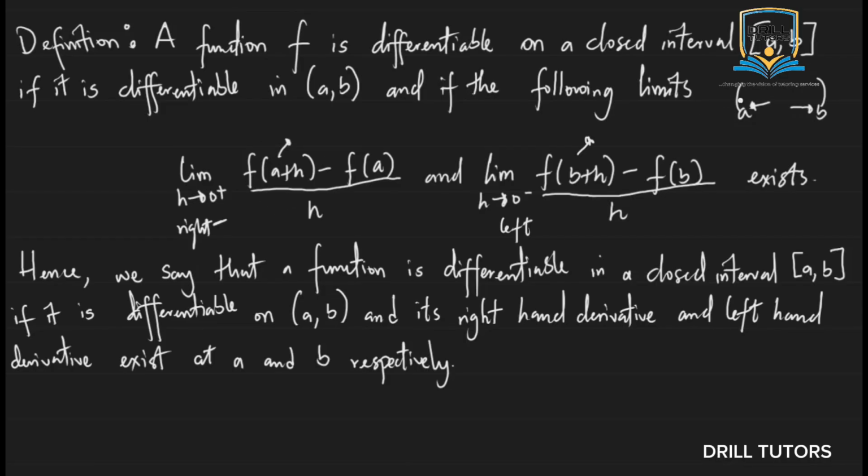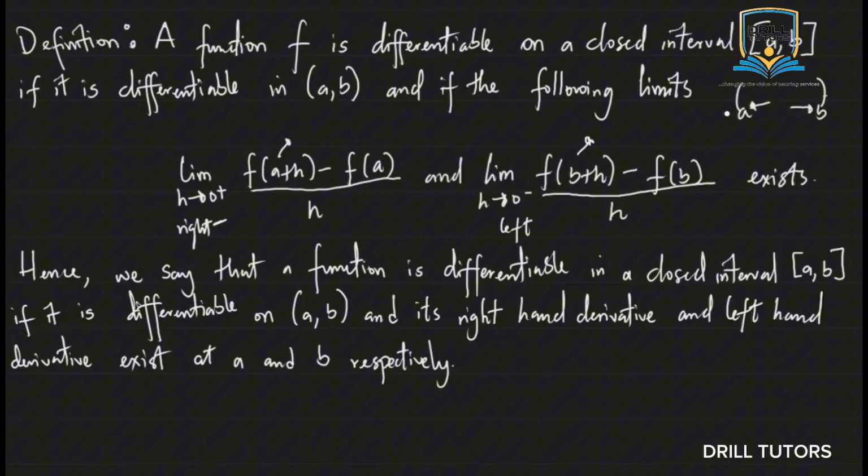Now, we are saying that a function is differentiable in a closed interval if it is differentiable in an open interval, to just show you how critical differentiability deals with open neighborhood. Values approaching, and not the boundary point.